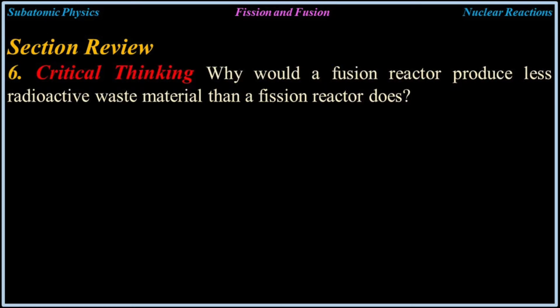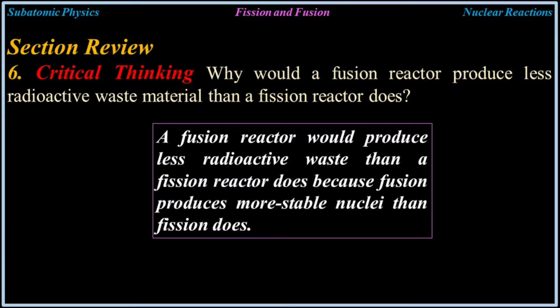Why would a fusion reactor produce less radioactive waste material than a fission reactor does? A fusion reactor would produce less radioactive waste than a fission reactor does because fusion produces more stable nuclei than fission does.